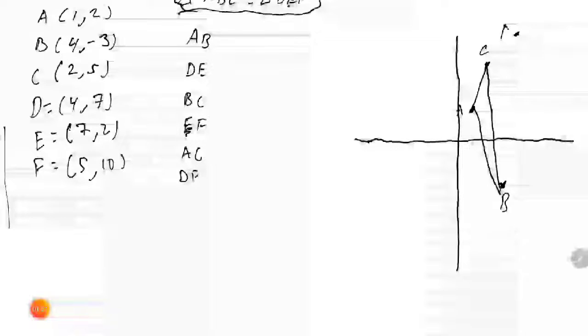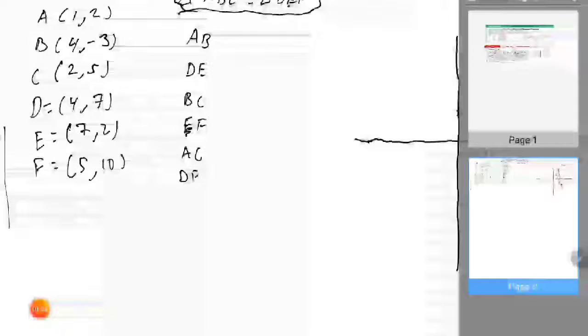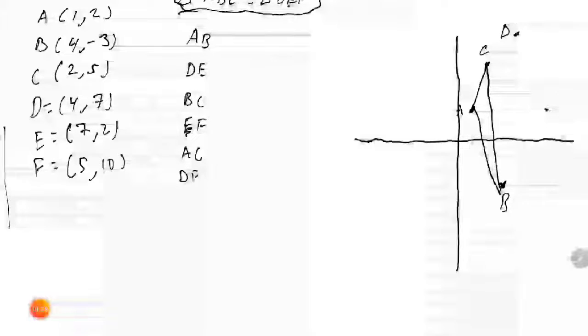So this is D. E is 7 over 7, 2. So 5, 6, 7, 1, 2. Let me make my dot. Wait. 4, 5, 6, 7. Sorry.